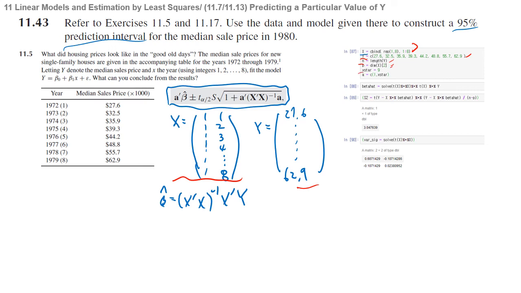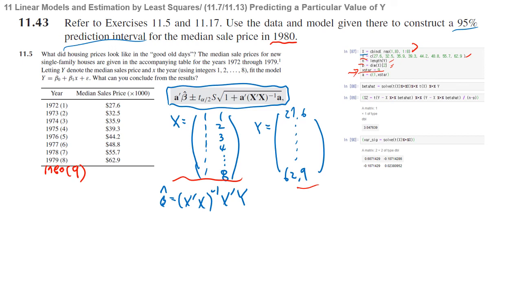For X star, we are predicting the sales price for 1980, which is coded as 9, so our X star value is set to 9, and our prediction point a is 1, X star.